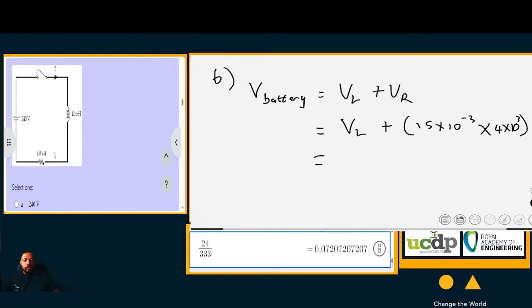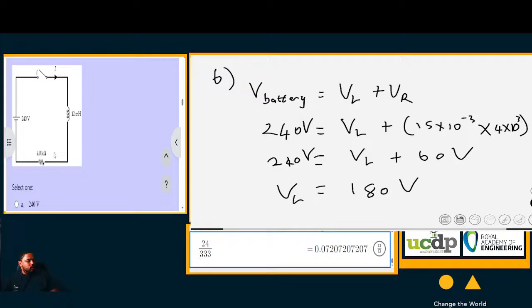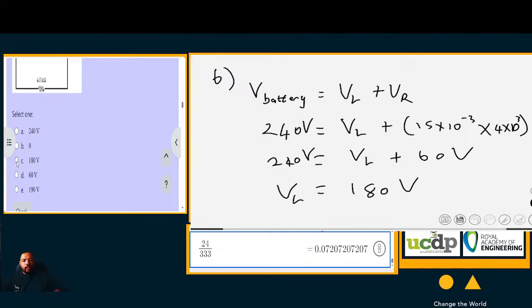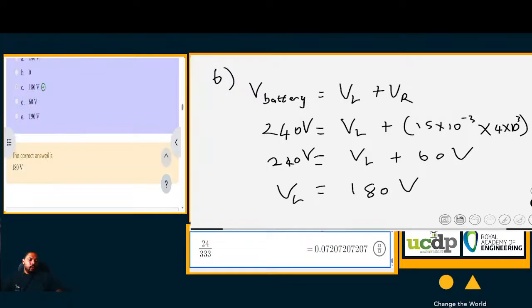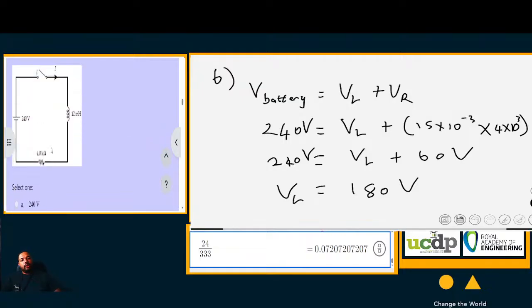So the voltage of the battery is 240 volts, which is equal to the voltage in the inductor plus 15 times 4, that's 60 volts. The voltage drop across the resistor is 60. So the voltage across the inductor is 240 minus 60, which is 180 volts. Let's check if there's 180. Yep, there it is. And wonderful, it is correct, 180 volts.